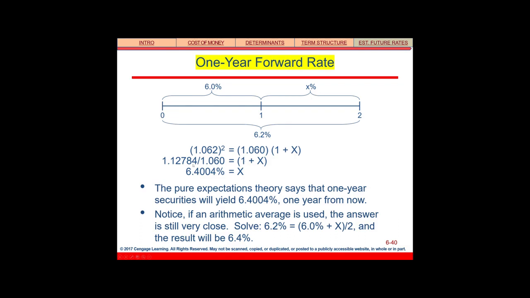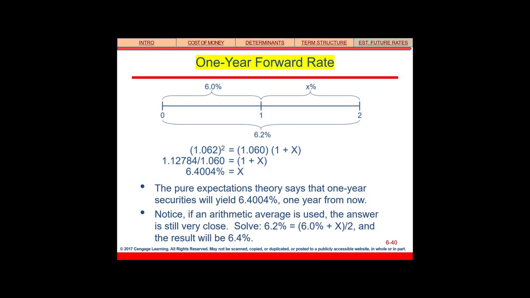Then you can restructure this equation a bit and calculate that X, in this case, should be 6.4%. So the pure expectations theory says that 1 year securities will yield 6.4% 1 year from now.